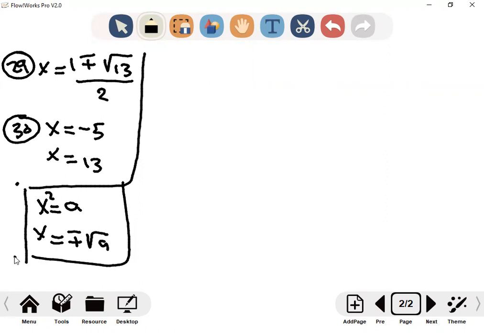Question 10, we have to solve 36x power 2 plus 48x plus 16 equal 12, right?